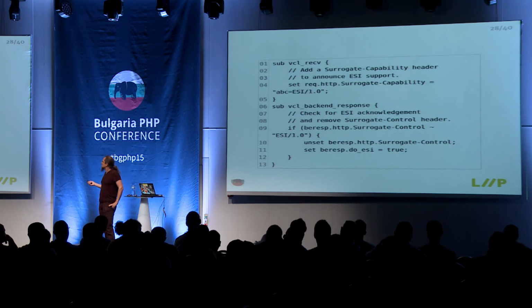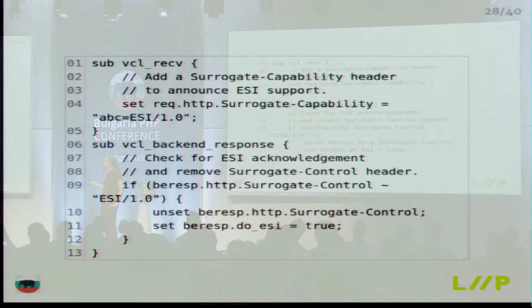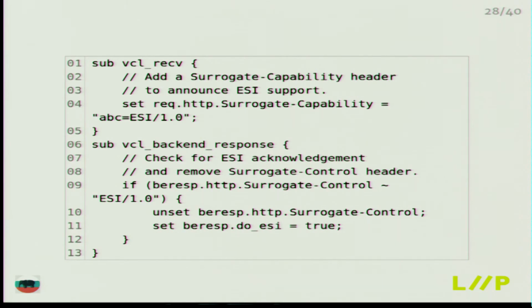On the Varnish side, you need to activate it. One thing is that on the request, you add a header that tells the backend, hey, there is something in front of you that knows about ESI. So if you're using Symfony, for example, it will check for this header, and if it's there, it will output the ESI tag. If it's not there, it will do the ESI itself so that you can run it without the cache in front as well.